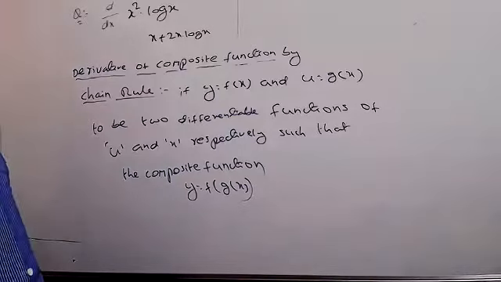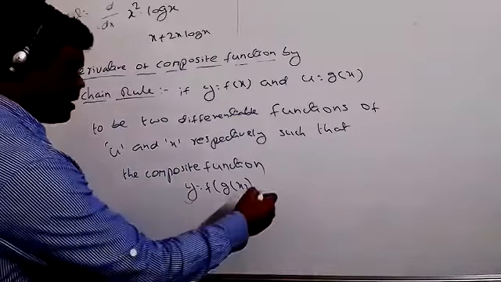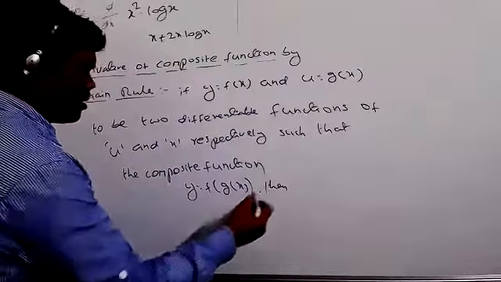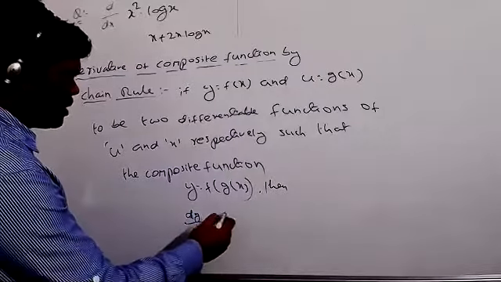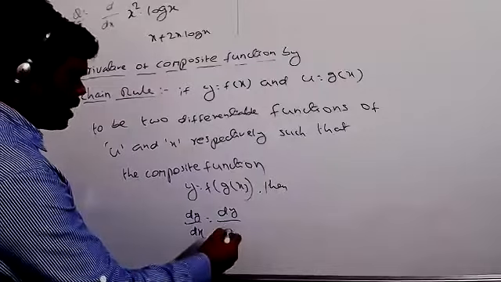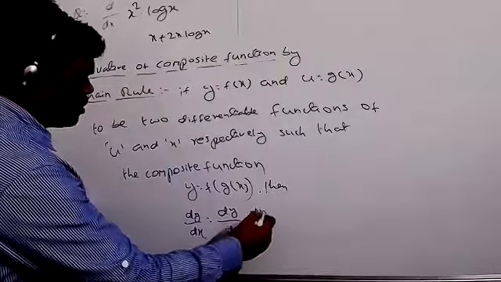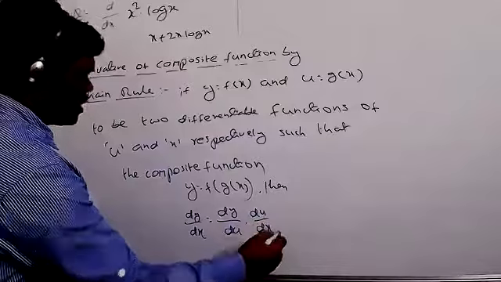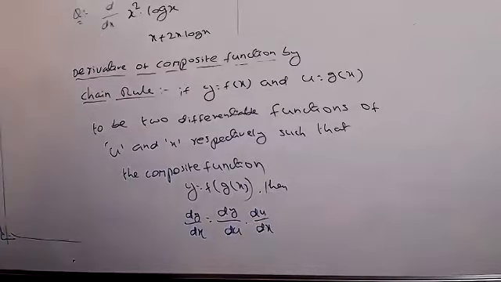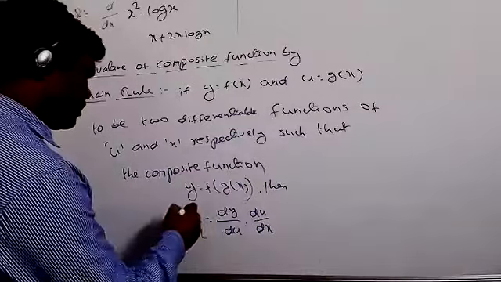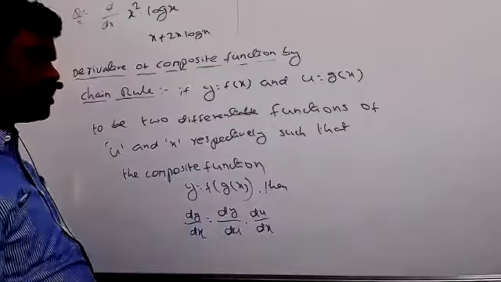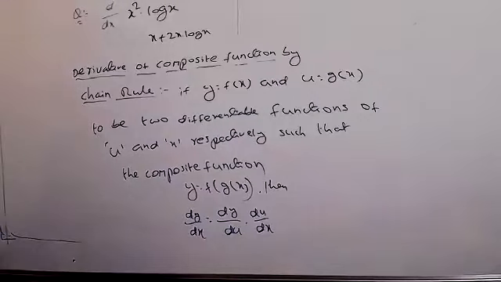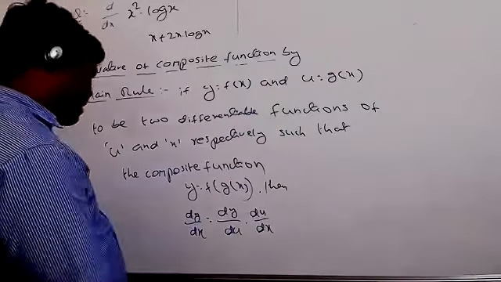Now, in this case, dy by dx equal to dy by du into du by dx. This is what we generally call the chain rule.